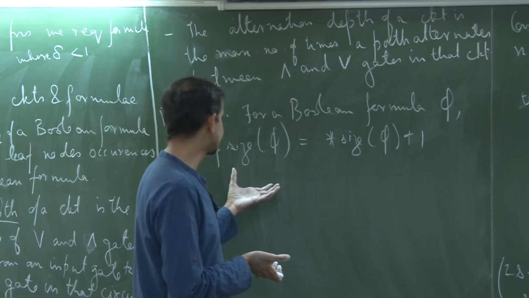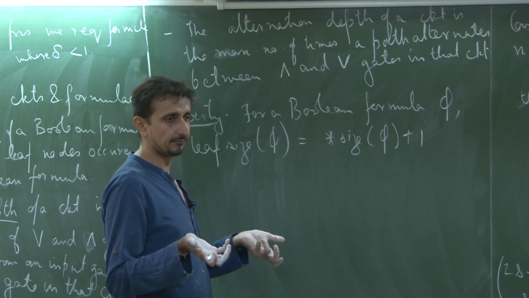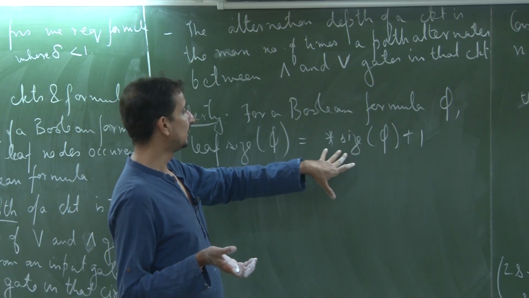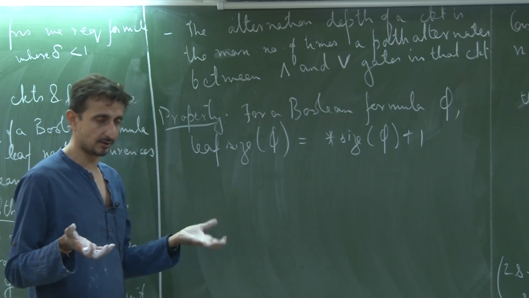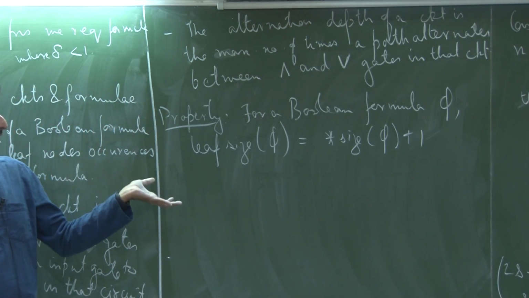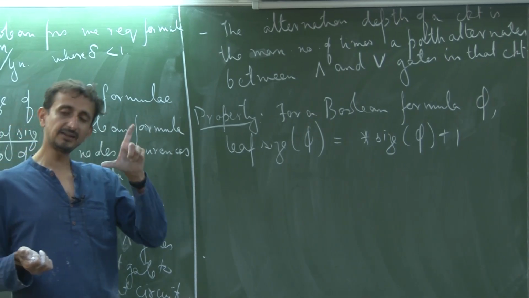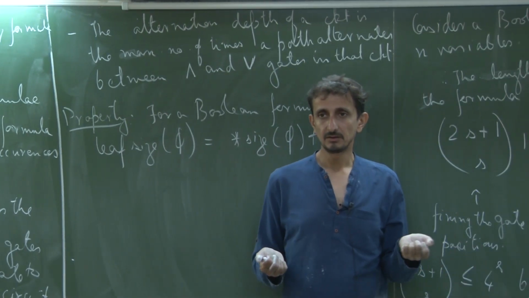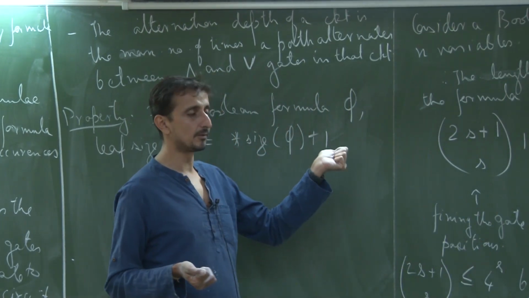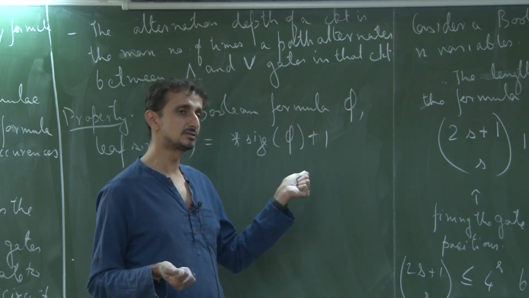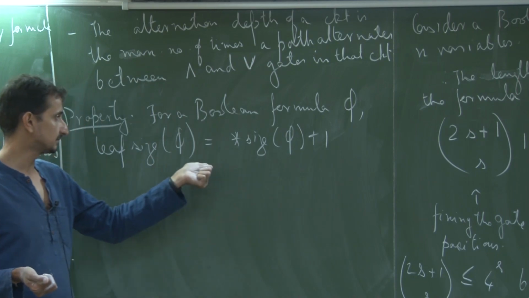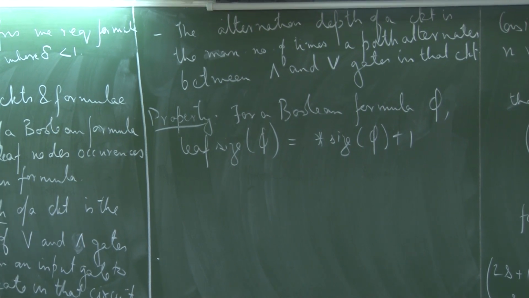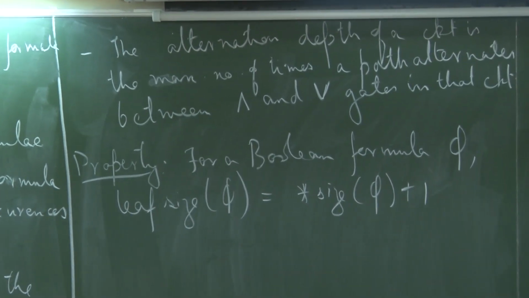Leaf size means the total number of leaf nodes in that formula, and star size is the number of internal nodes in that formula, where we are not counting the NOT gates. Even if this Boolean formula contains AND, OR and NOT gates, a NOT gate has fan-in and fan-out both 1. So the number of internal nodes which have degree 2 is 1 less than the number of leaf nodes. This directly follows from the theory of binary trees.